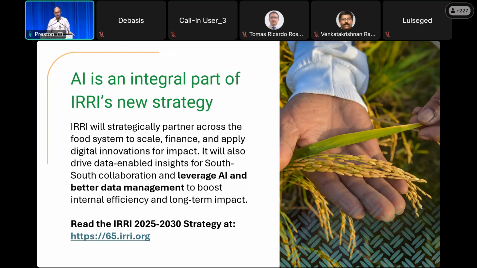And that's going to be done in part through much better data management, which is one of the things that I've highlighted here, but also through partnerships. IRRI cannot do this alone. So it needs to partner with other public sector, research institutions, and private sectors to make this happen.